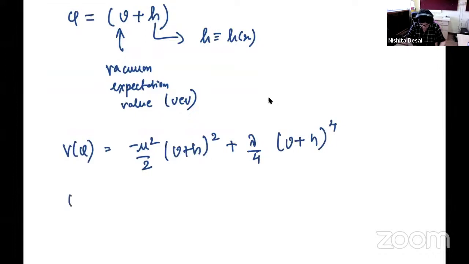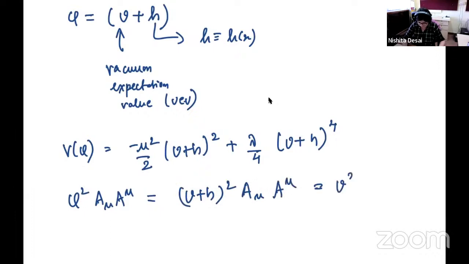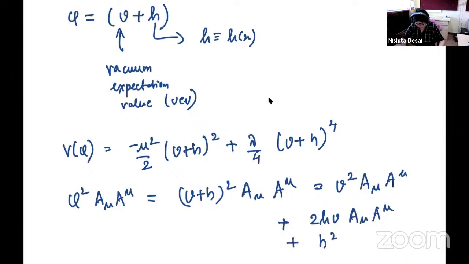And you can also write your phi squared term as v squared plus 2 h v plus h squared. So these are the three terms.